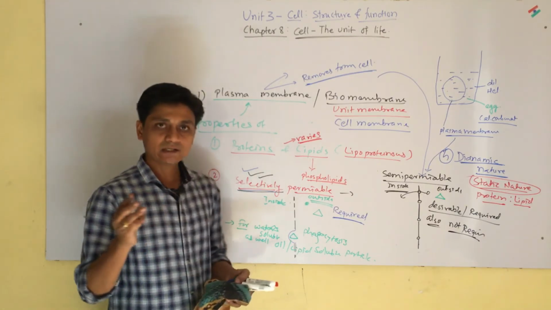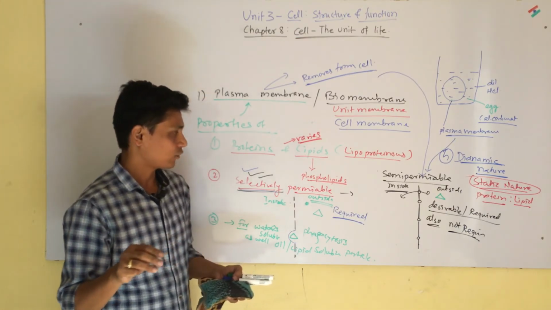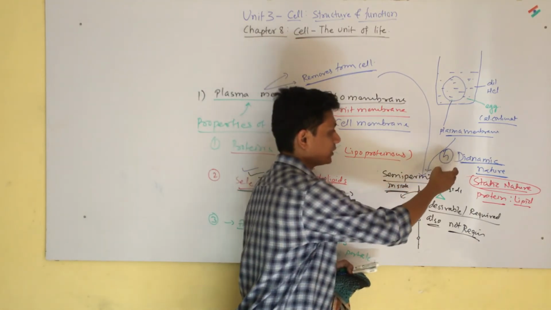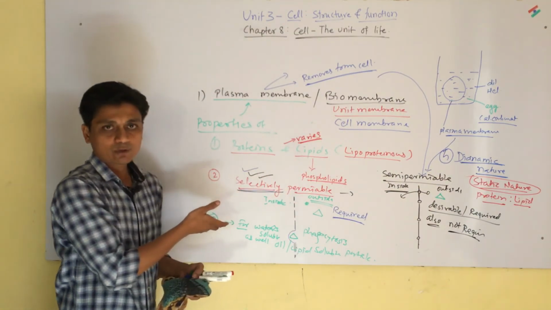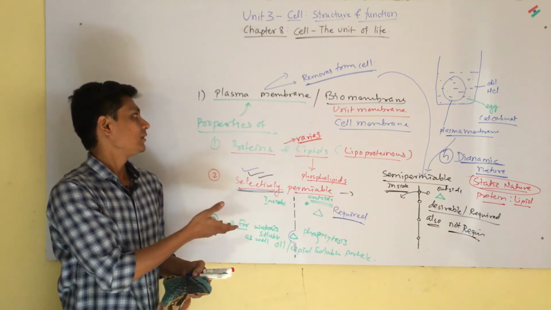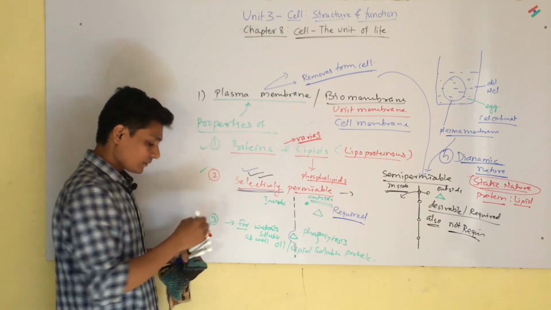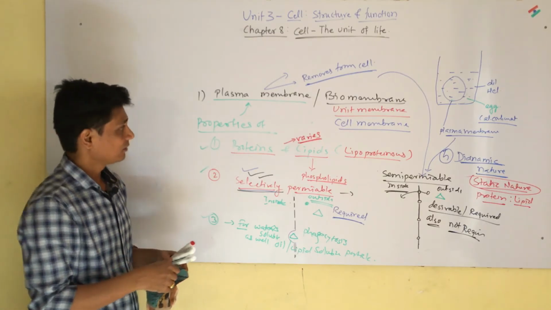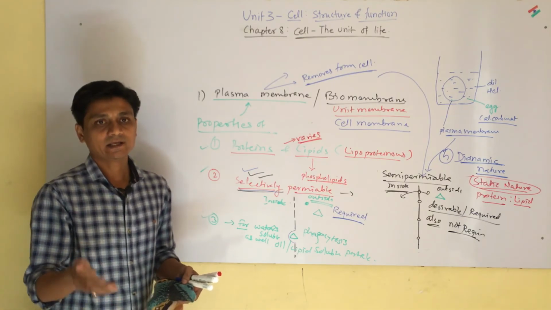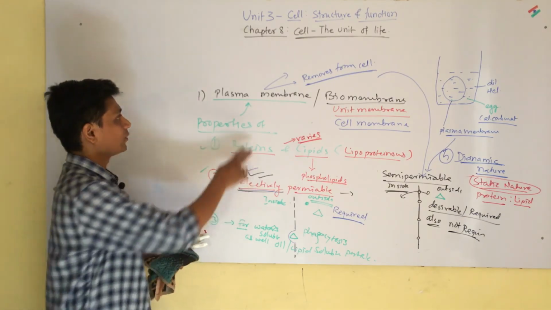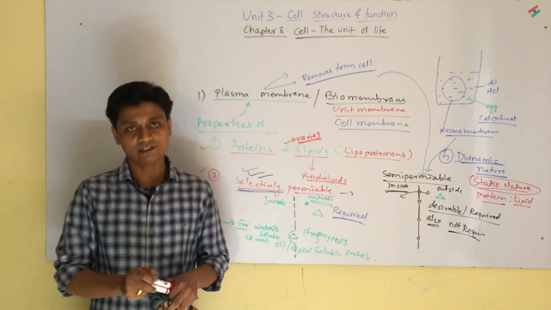There are three different models selected for the syllabus, and the model which shows the four properties is selected as the exact model of the plasma membrane. That we will study in the next lecture. Thank you.